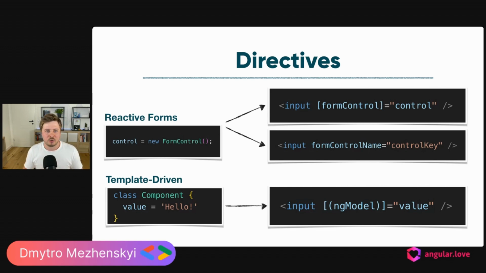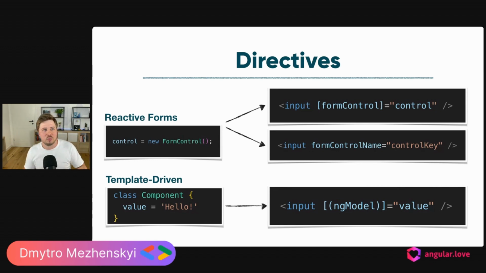For reactive forms, we have two directives. This is the FormControl directive for standalone controls, and don't confuse it with standalone components. It is a slightly different concept. A standalone form control is a control that exists outside of a form.